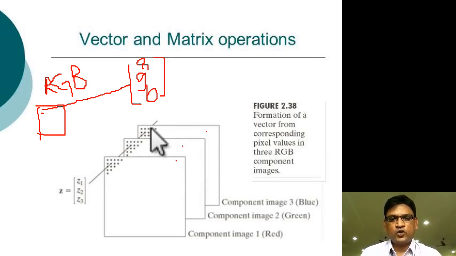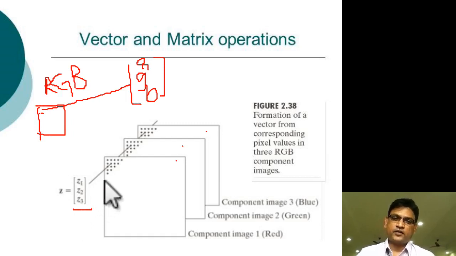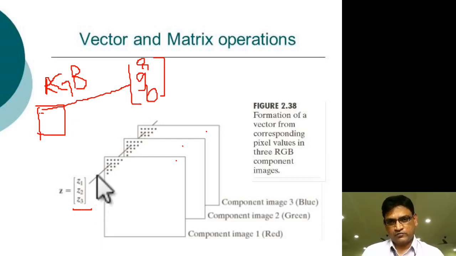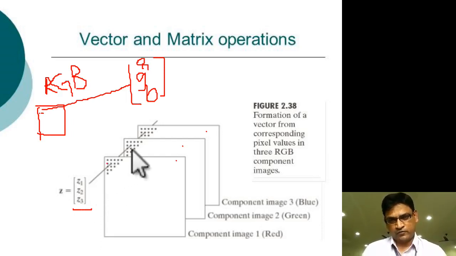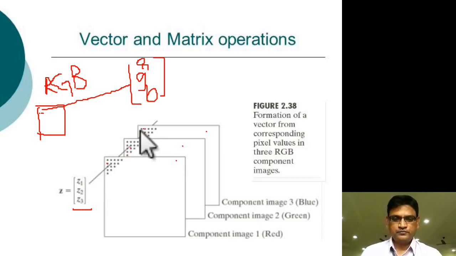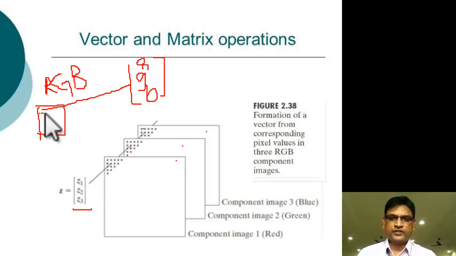If you want to obtain the original color value, which is a color vector, so the color pixel is a vector, and a grayscale image pixel is a scalar. So we have to take the same value from different components, then we get the color pixel value. This location, suppose for example, if it is 0, comma 0, in this plane also we have to take 0, comma 0, and this is also 0, comma 0.